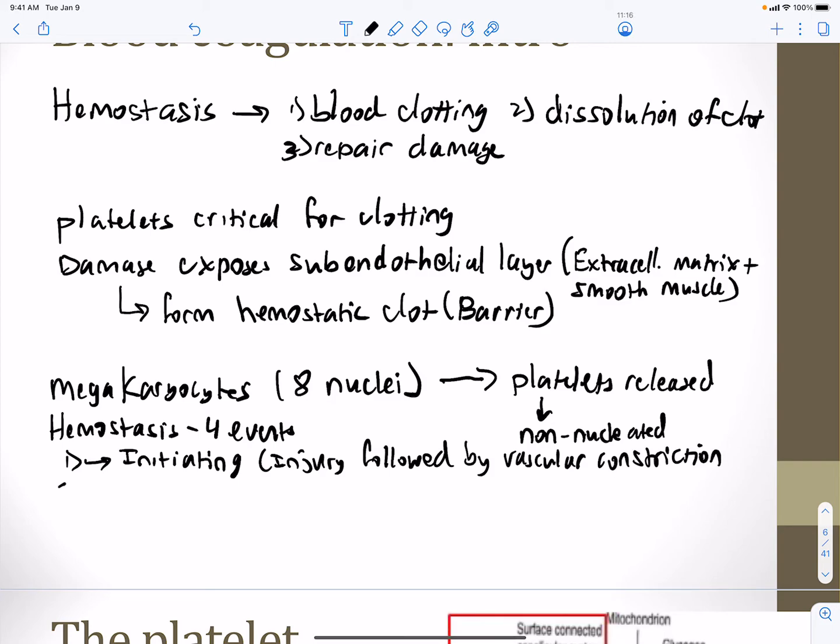The second is where you have activation of your platelets by thrombin, and this is going to form a temporary plug.